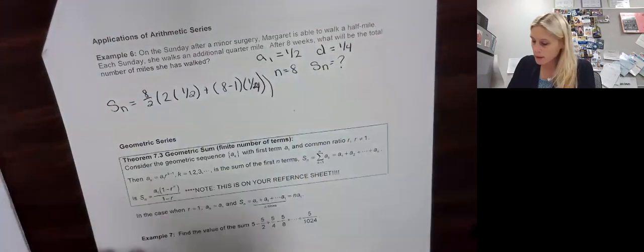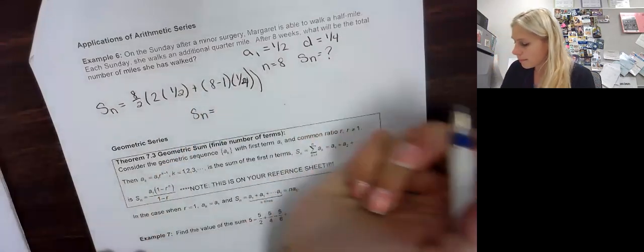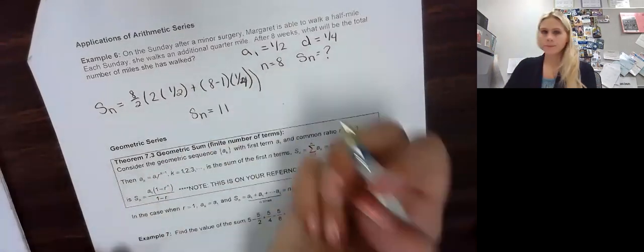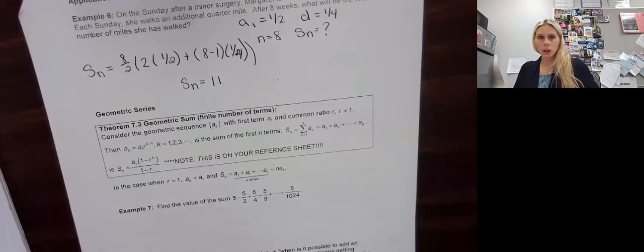And then if we come up with it, we should get that the total number of miles that she walked is 11. Very good. Okay. I actually want to make sure that it comes out correctly in my calculator. So maybe you should try it right now also and make sure that you're getting your parentheses correct. And I get 11, so we're good.